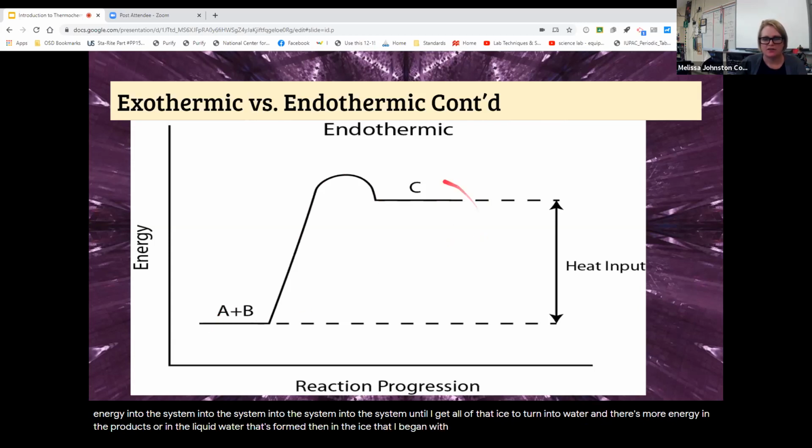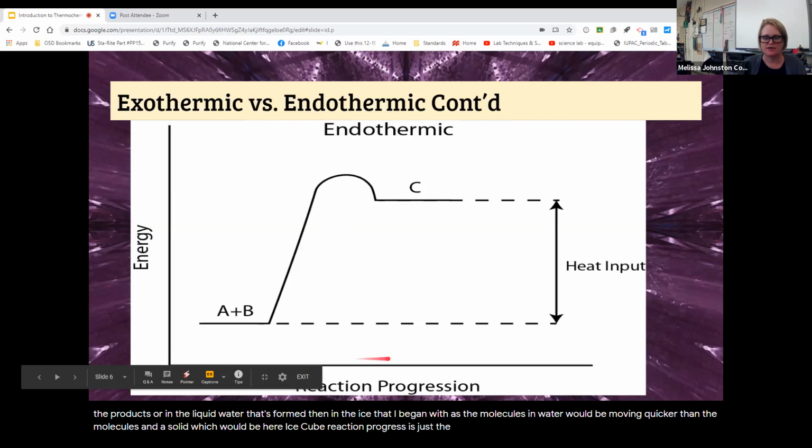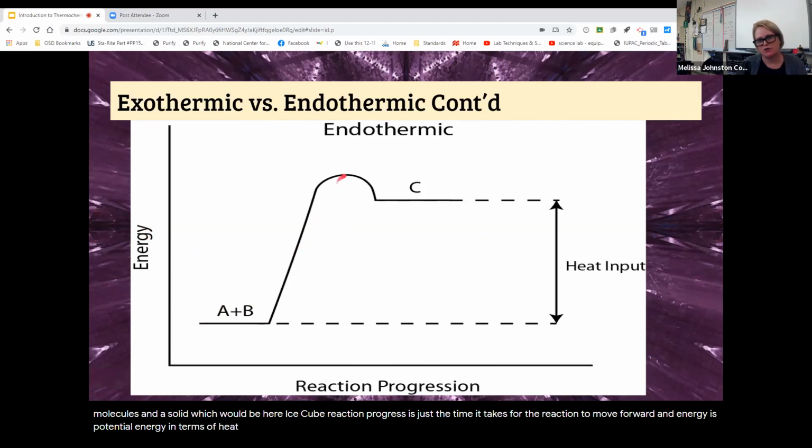And I can think about that as the molecules in water moving quicker than the molecules in a solid, which would be your ice cube. Reaction progress is just the time it takes for the reaction to move forward. And energy is potential energy in terms of heat. Here would be my activation energy again, how much energy I had to put in until all of those ice molecules turned to water molecules. And then there's my ending amount of energy.